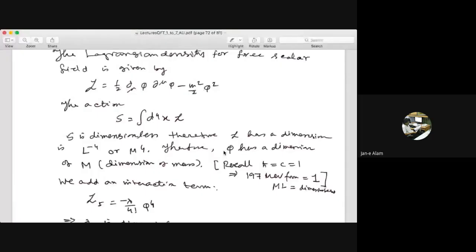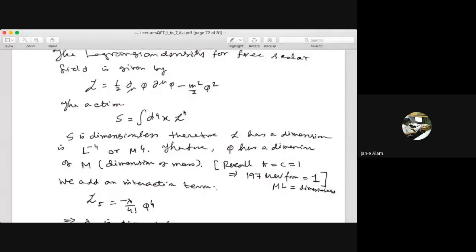If c is 1, then time and space have the same dimension, because velocity c is dimensionless. So the dimension is length minus 4, and length and mass are related.